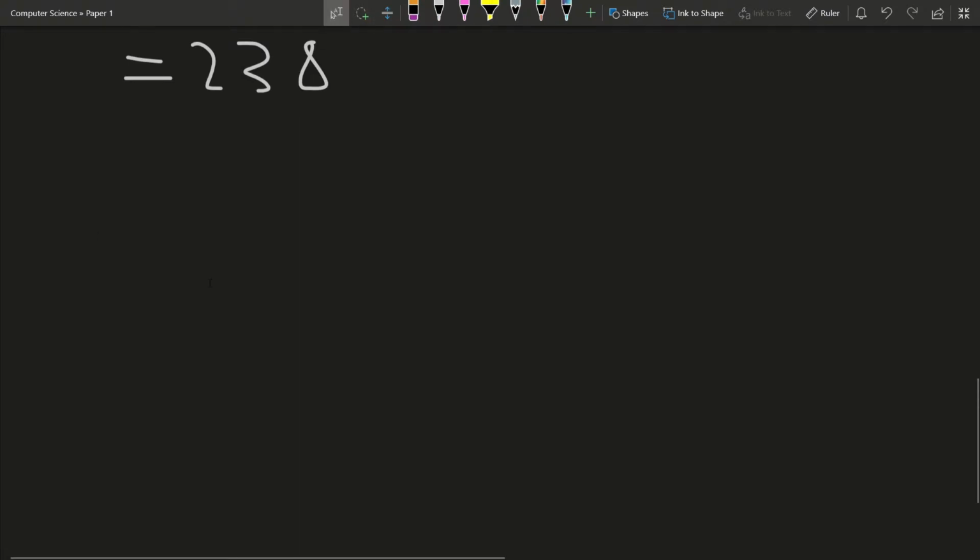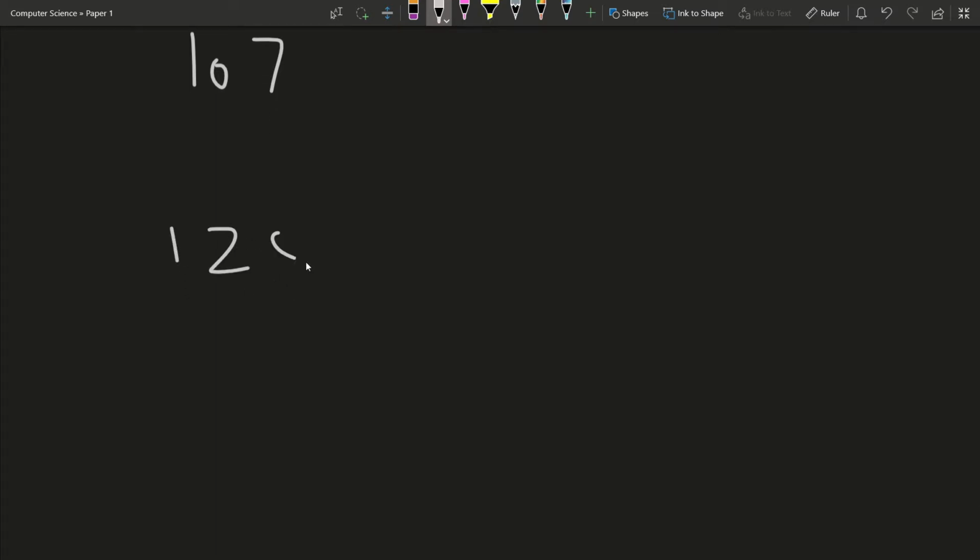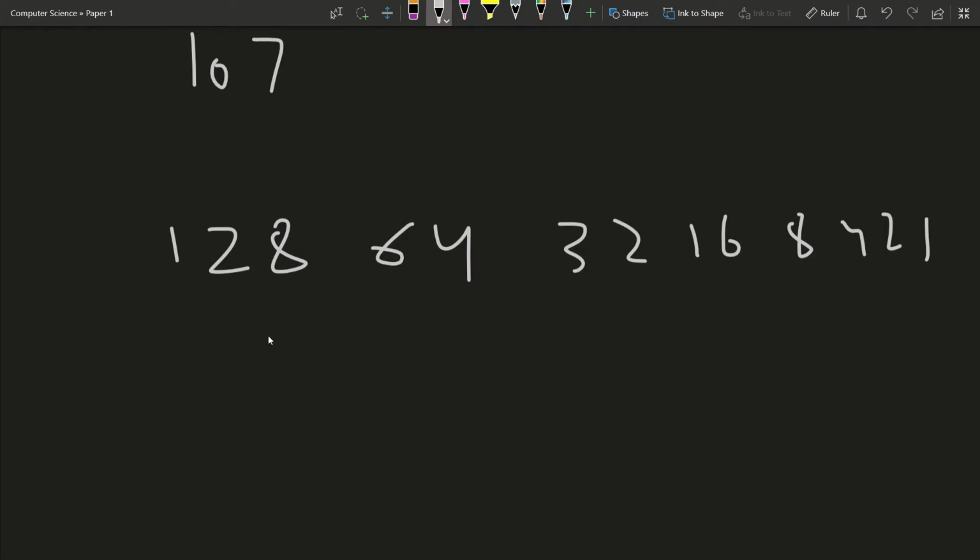Now, what if you have to do the opposite, denary to binary? Let's say you're given the number 107. You have two methods of solving this. Either you solve it kind of like the way you do binary to denary. You write down these numbers, 128, 64, 32, 16, 8, 4, 2, 1, but instead of having the binary digits, you figure them out yourself.